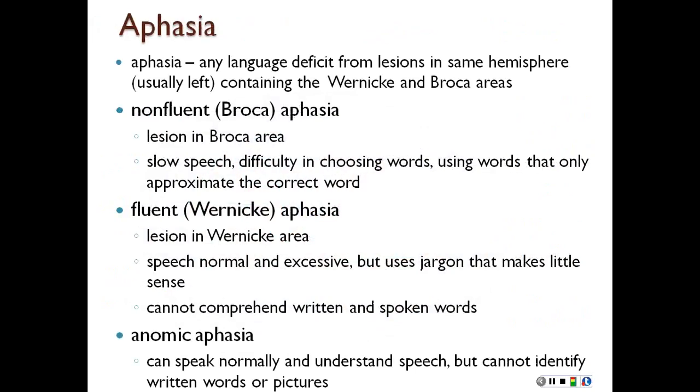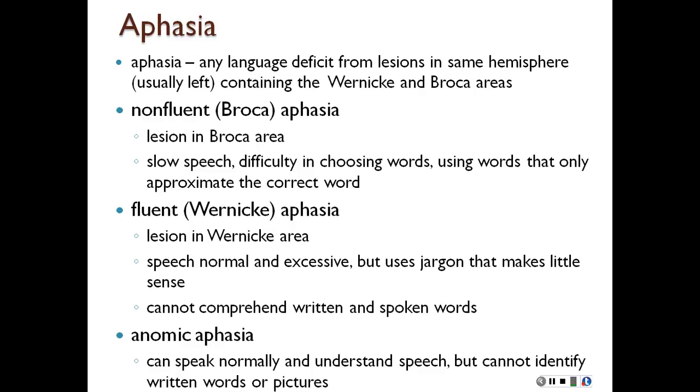If something goes wrong, again, a stroke can affect any part of the brain. So what if there's a stroke that affects Broca's area? That would be called Broca's aphasia, also referred to as non-fluent aphasia. Going back, what do we say Broca's area is responsible for? The actual muscle contraction involved in speech.